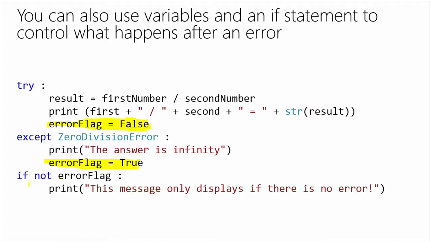And then after we've done all our code, we say, if the error flag is true, then do this. You can just write logic that says, if an error occurred, do this; if an error didn't occur, do this. I'm just using a Boolean variable, setting it to true or false based on whether or not the error occurred. So this is just creative coding.